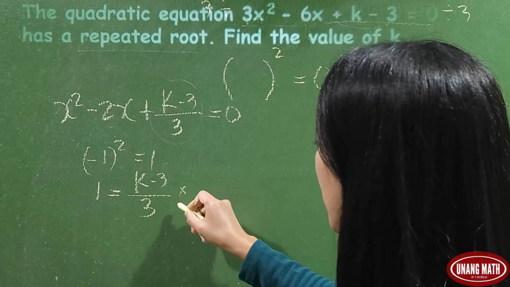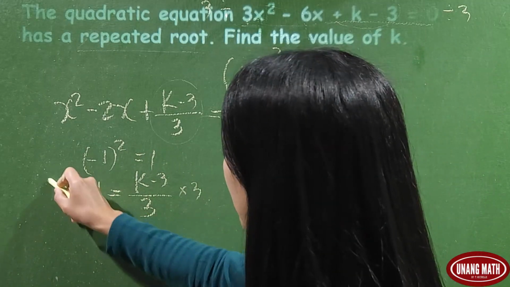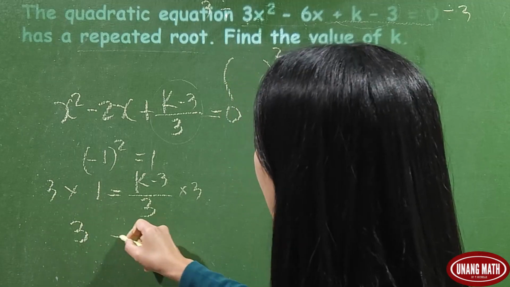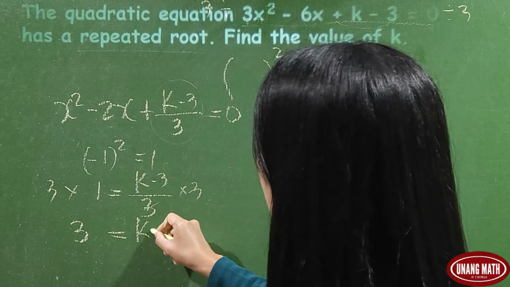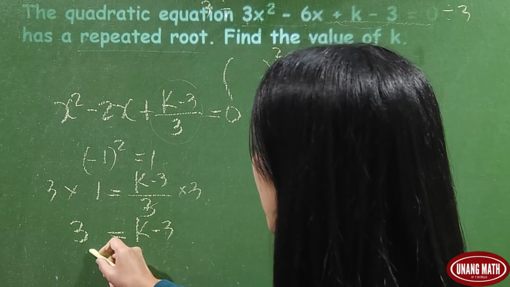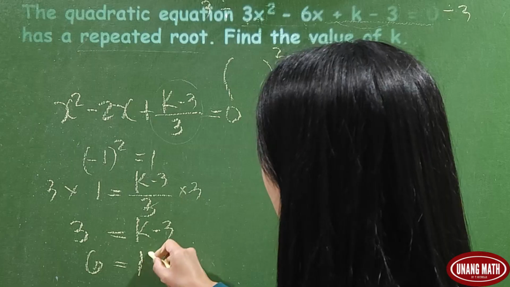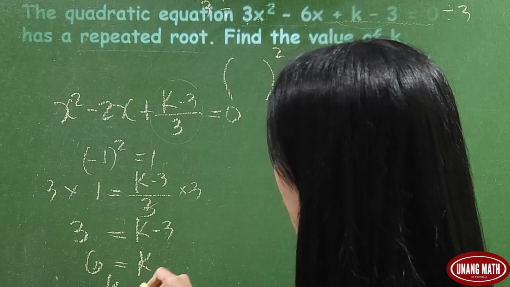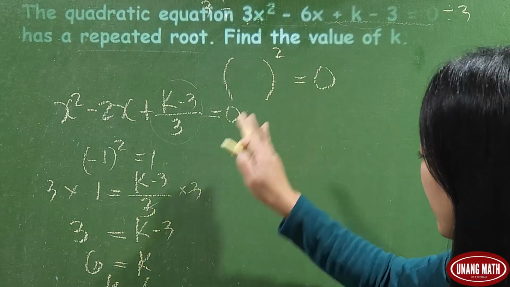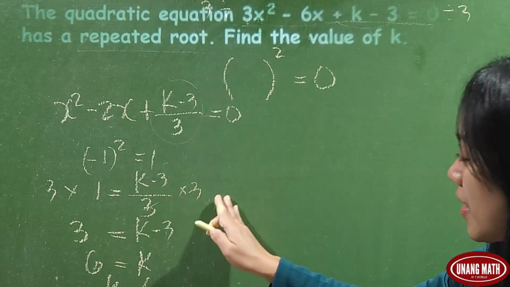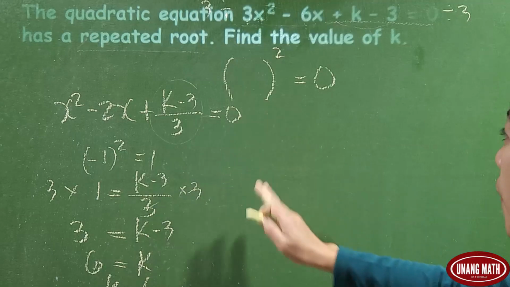Okay, let's multiply both sides by 3. So 3 is equal to k minus 3. So it means this is 6, and k then is equal to 6. So the value of k is 6 using this strategy.